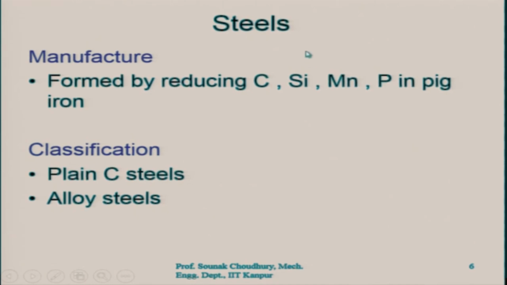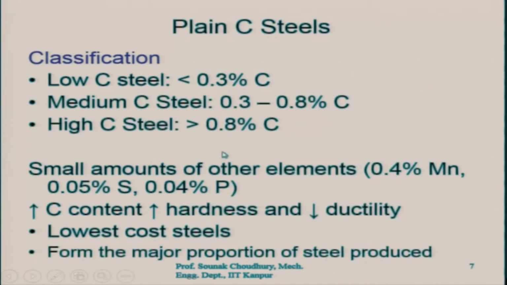Now, the classification of steel: there are plain carbon steels and there are alloy steels. Under plain carbon steel we have the low carbon steel, where the percentage of carbon is less than 0.3%. Then we have the medium carbon steel, which has a little more carbon than the low carbon steel, between 0.3 and 0.8.